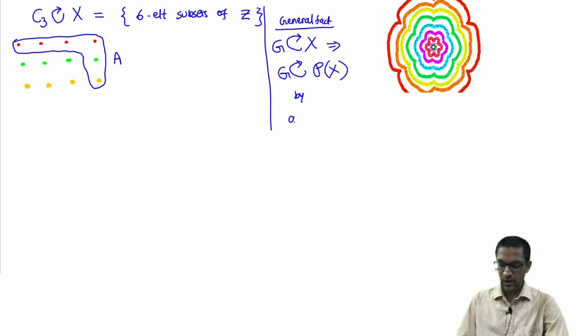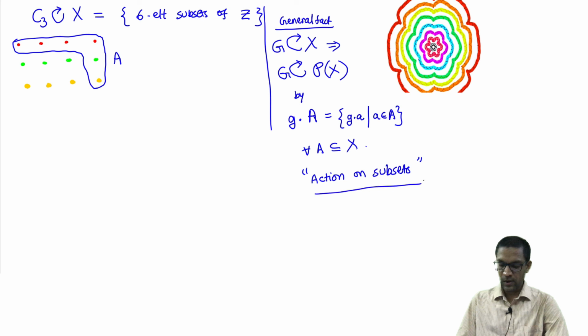As follows: if I take a group element g and a subset A of the set X, then the definition of the action is that it just acts element by element. Take each element of A. So this action is defined for every subset of X, in other words, for every element of the power set. Again, check it's an action. This is called the action on subsets of X.